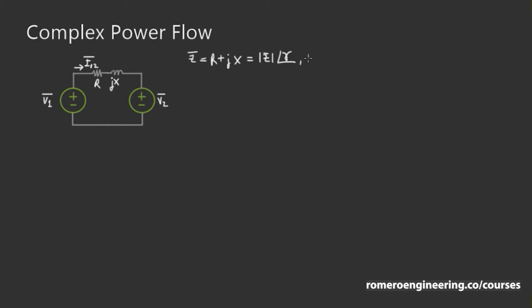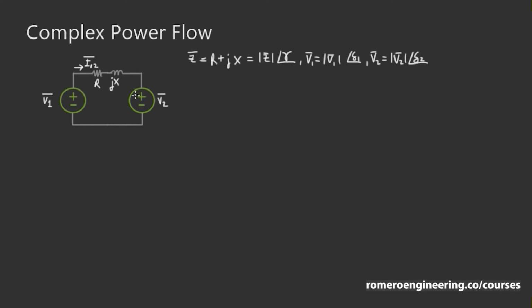And then we're also going to say that source V1 is going to be equal to the magnitude of V1 at an angle of delta 1. And then likewise V2 is going to be equal to the magnitude of V2 at an angle delta 2.